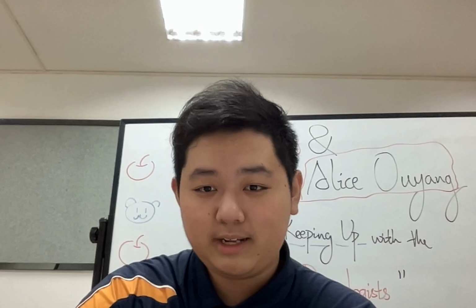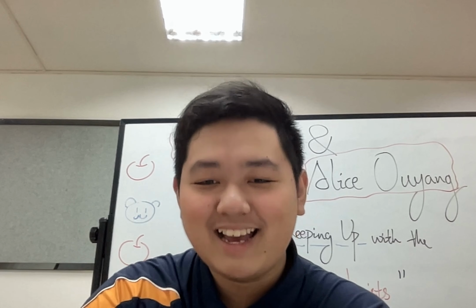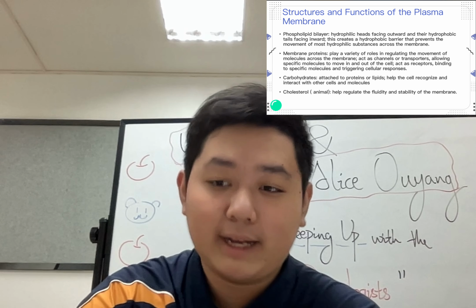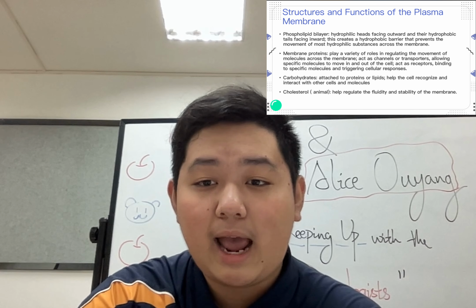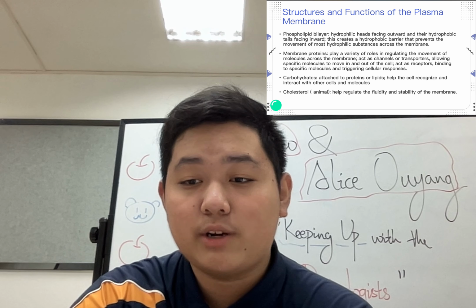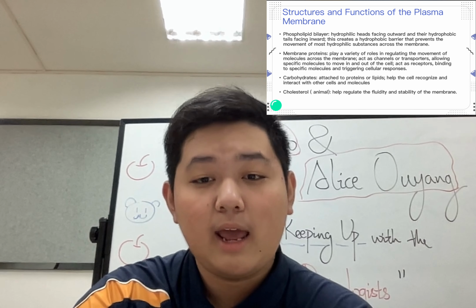And third is the carbohydrates. Many plasma membranes also contain carbohydrates, which are attached to proteins or lipids, and which help the cell to organize and interact with other cells and molecules in the cell's environment.